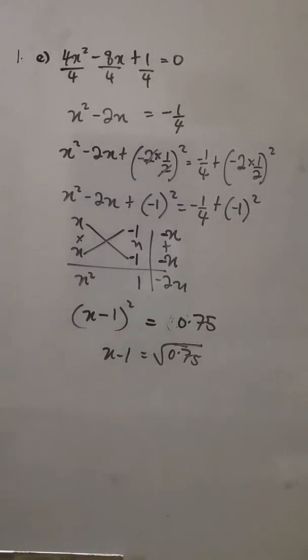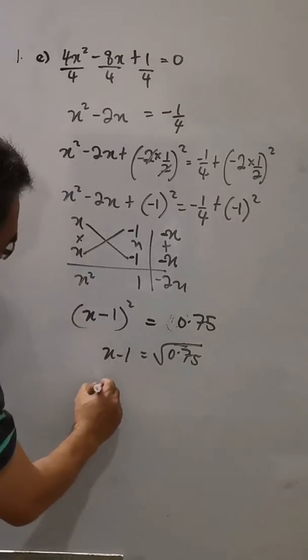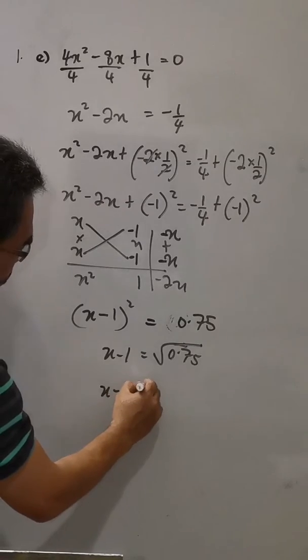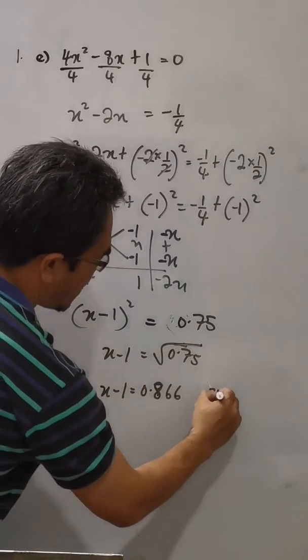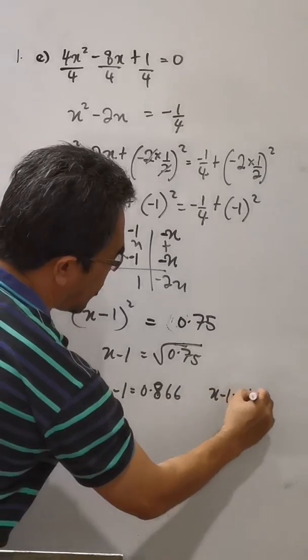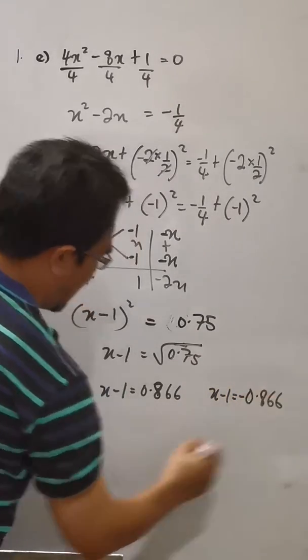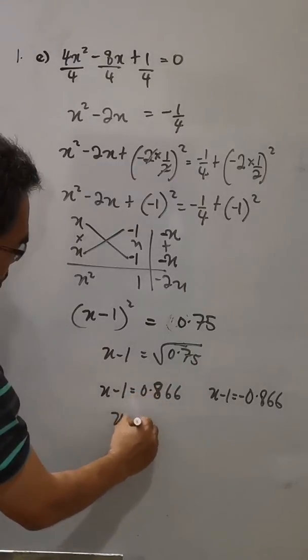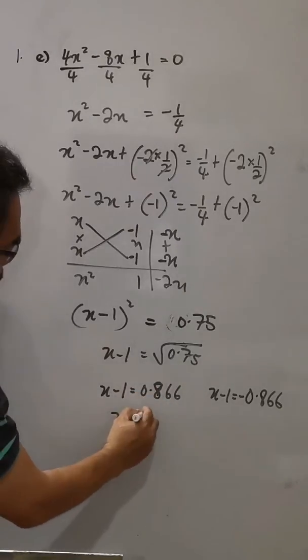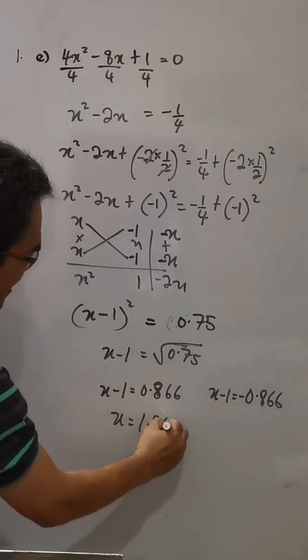Check the calculator. What is the square root of 0.75, which is 0.866. Okay, so x minus 1 equal to 0.866. X minus 1 equals negative 0.866. So this one get plus 1. So x becomes 0.866 plus 1 will be 1.866.